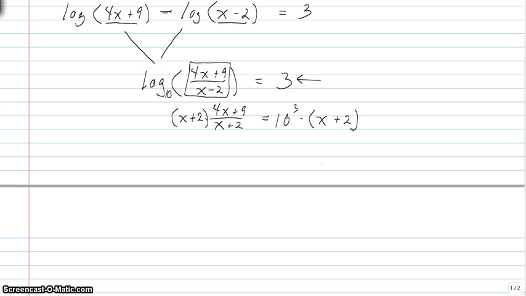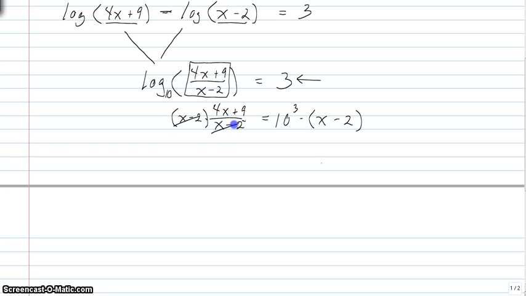I'm sorry, that's a mistake. That should be x minus 2. I better correct that before I move on. It should be minus 2. I just miscopied. But that will make a difference, so I think we have it right now.